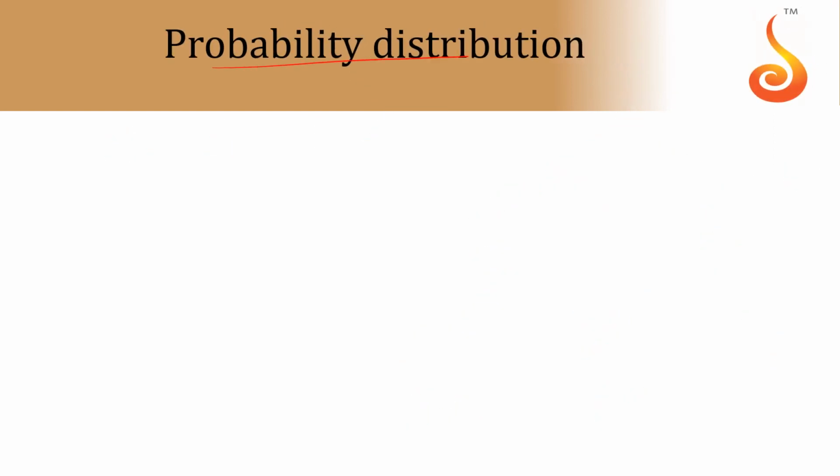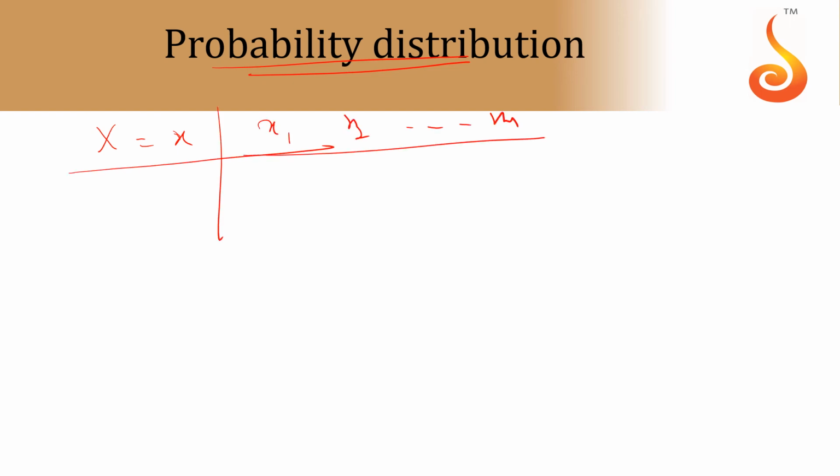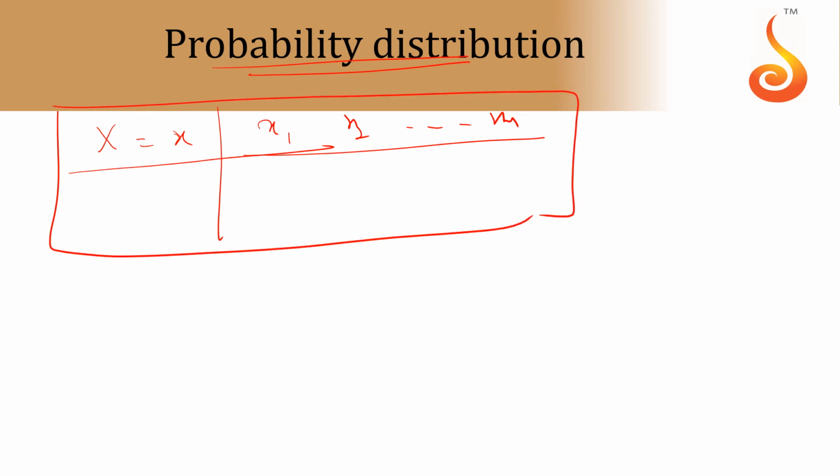Then what do you mean by probability distribution? I said that there is a random variable, say small x, which can take x1, x2, so on, xn, and the probability of X equal to x will be the corresponding probabilities. Assume p1, p2, so on, pn.